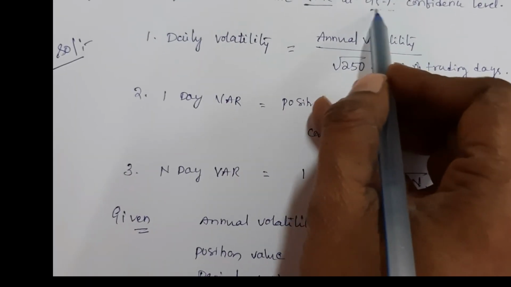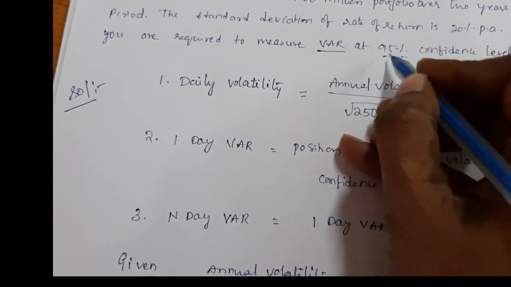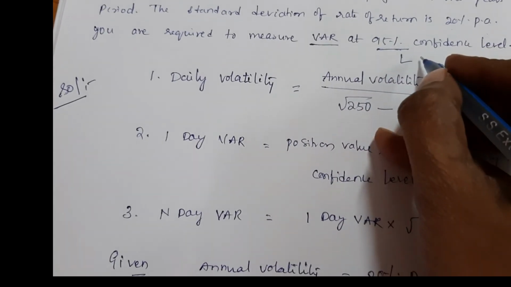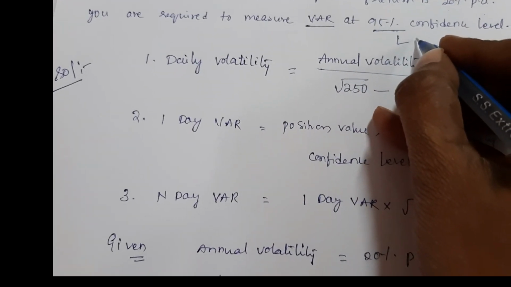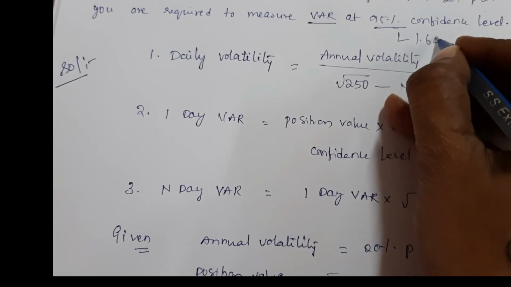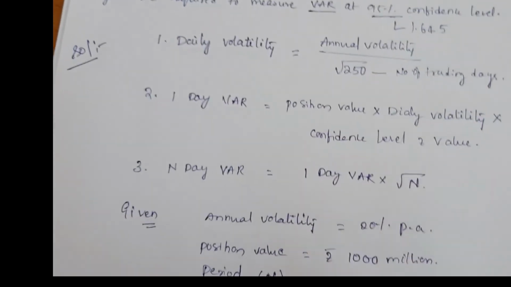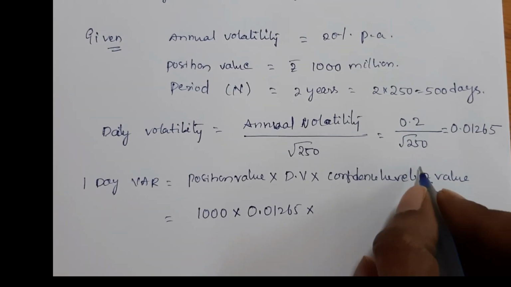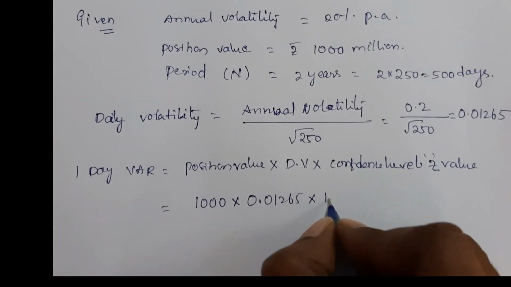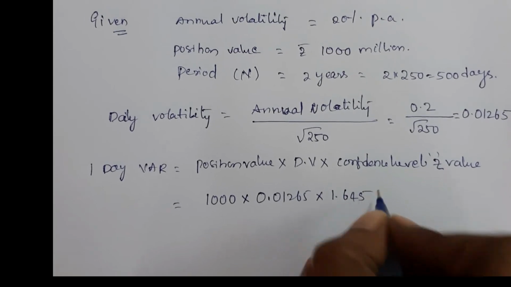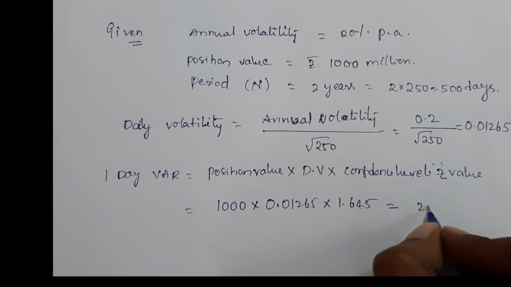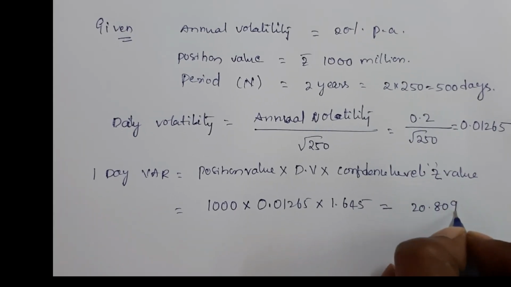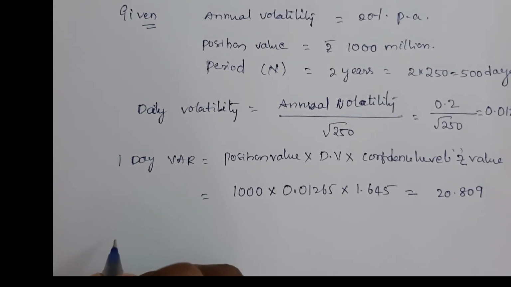As it is given 95% confidence level, the Z value at this 95% confidence level is going to be 1.645. So we will get 20.809.